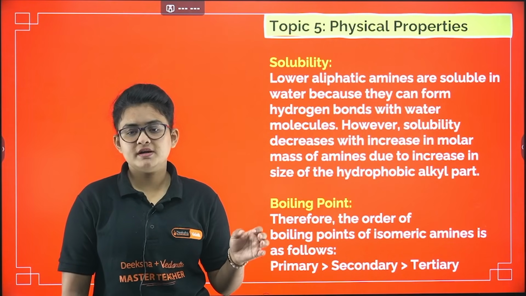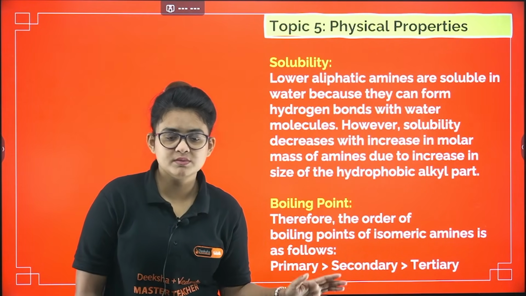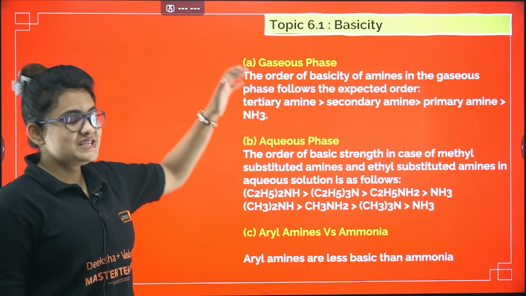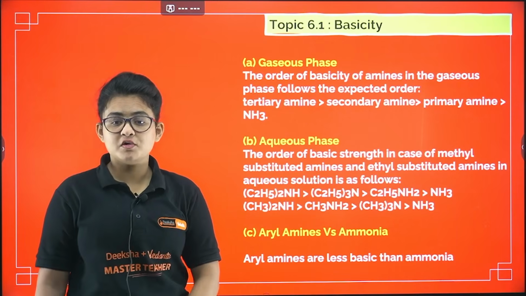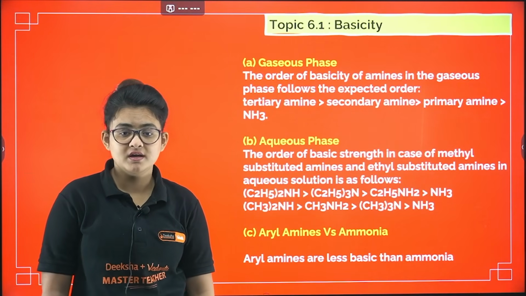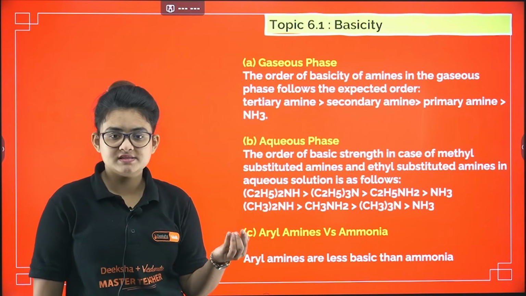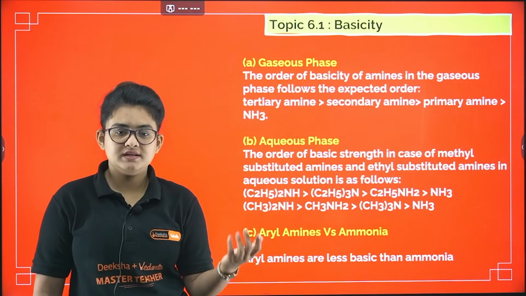The order of boiling point is primary, then secondary, then tertiary, the normal boiling point. But here the basicity is a little bit tricky because in gaseous phase and aqueous phase the basicity order is different. In gaseous phase, the normal thing, the tertiary amine is more basic, then secondary, then primary, then NH3.